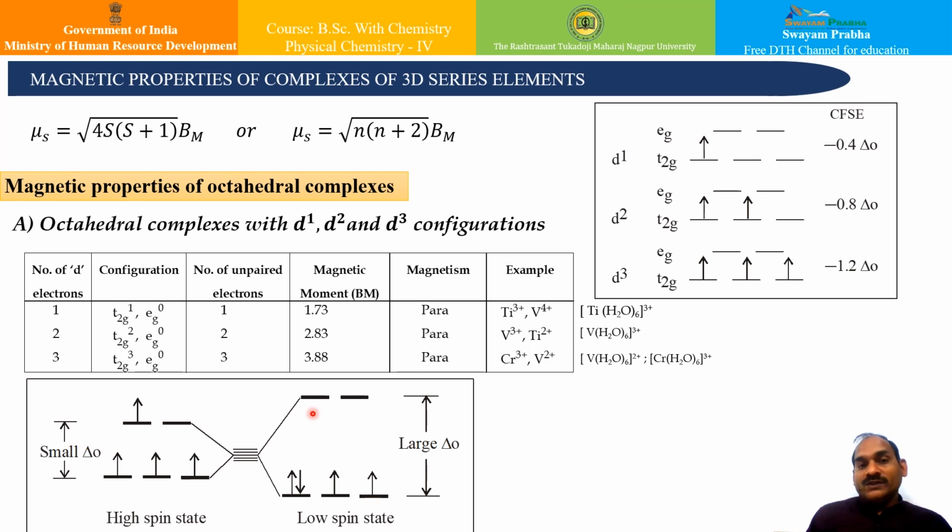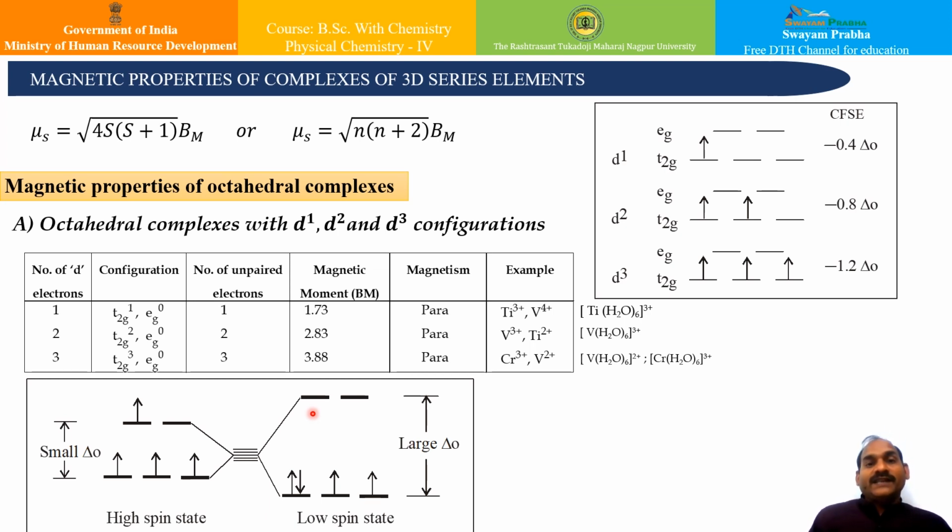Now the relative strength of these two energies, the crystal field splitting energy and the pairing energy, depends upon the nature of the ligands. So based on it, there are two possible cases.